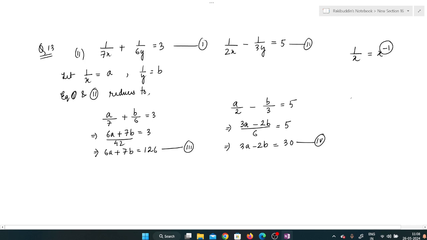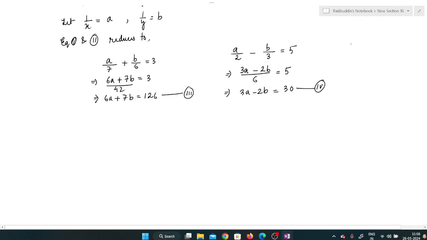Now in this question I would like to bring in the cross multiplication method. Here we are not applying the substitution method, because, as I have already mentioned, the variables have coefficients. Here a has coefficient 6, b has coefficient 7. In this equation also a has coefficient 3 and b has coefficient 2.